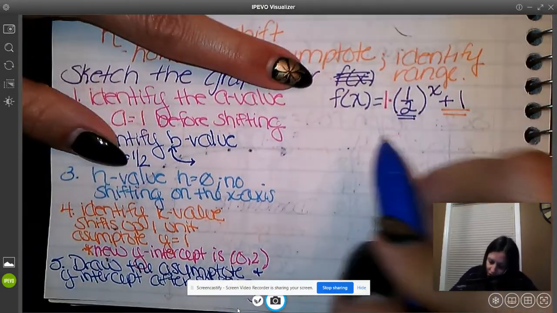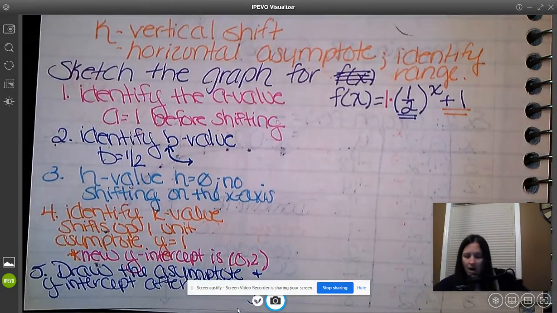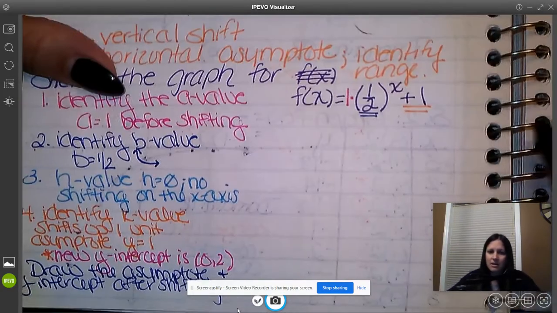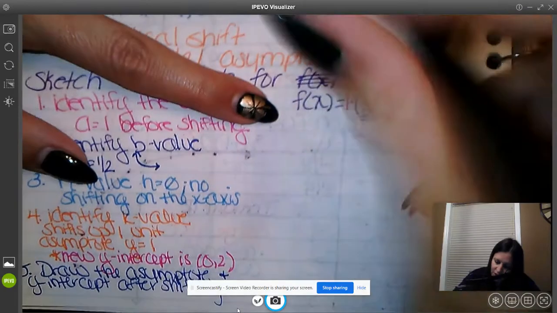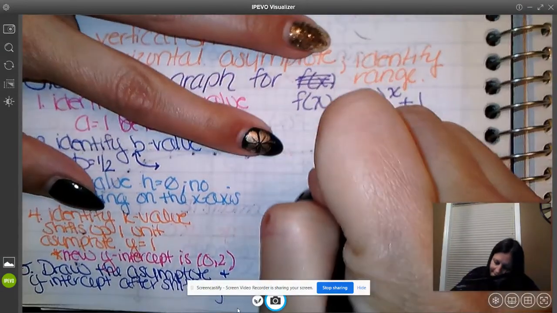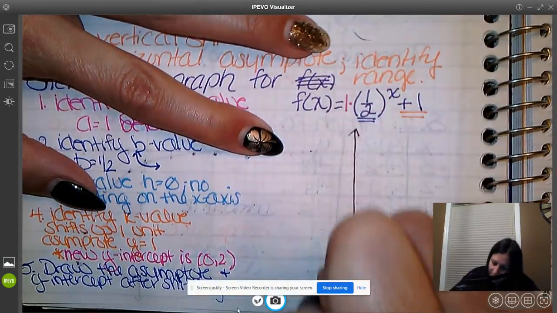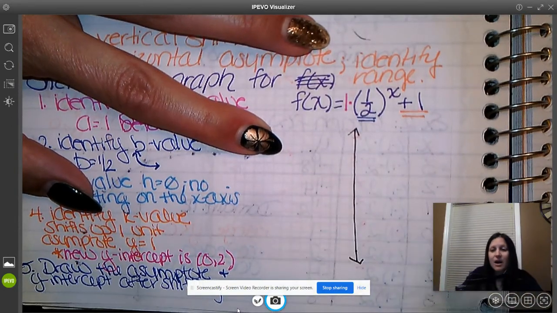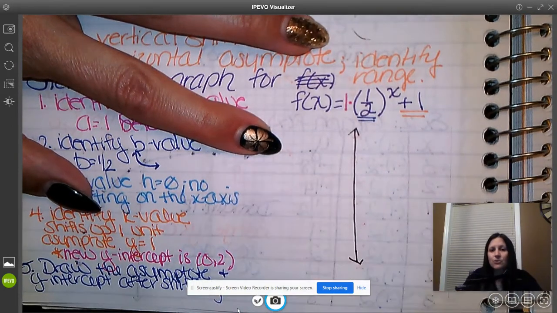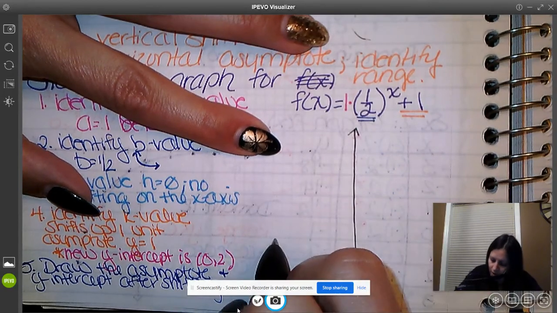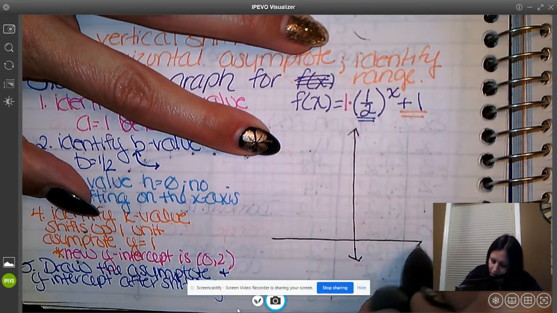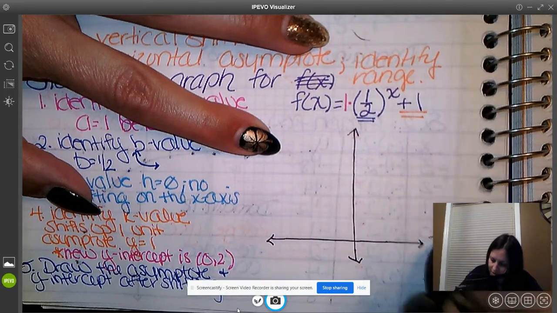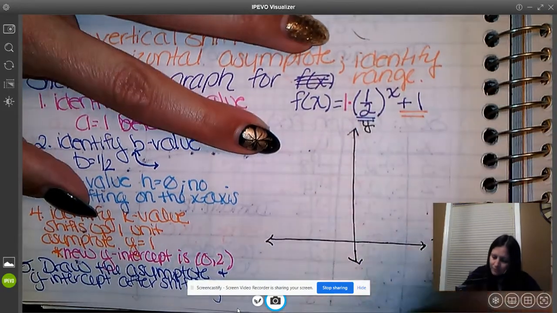Okay, so I'm going to go on the side here, and I'm going to make a coordinate plane. I know I'm not going to be going into the bottom 2 quadrants, right? So I can draw my axis like this. So here's my x, here's my y.